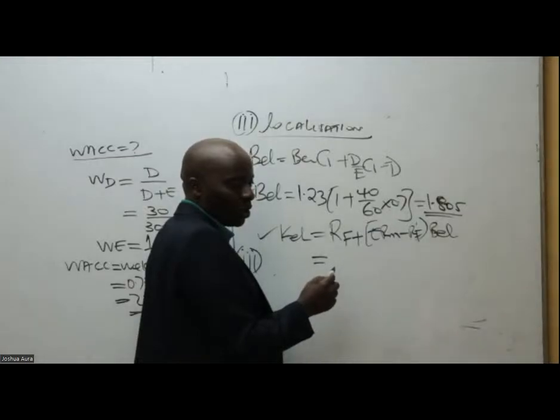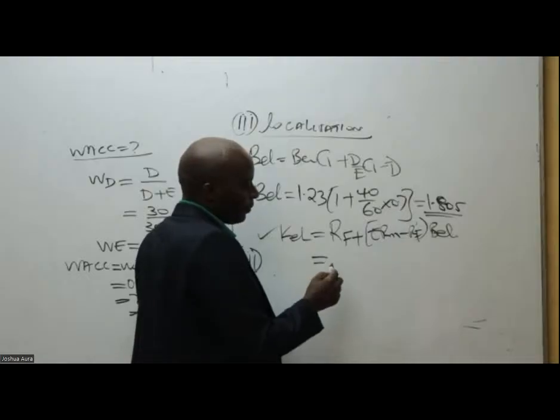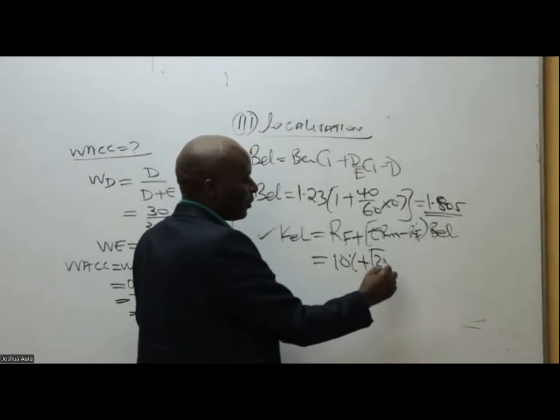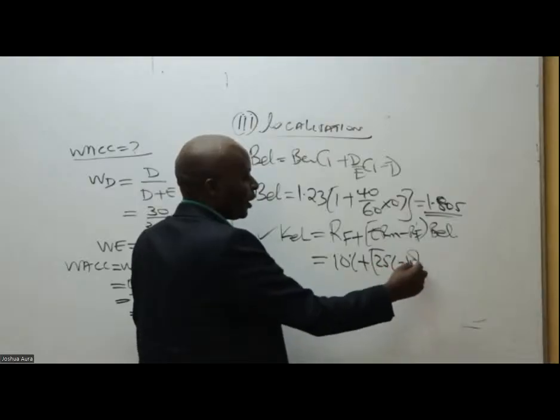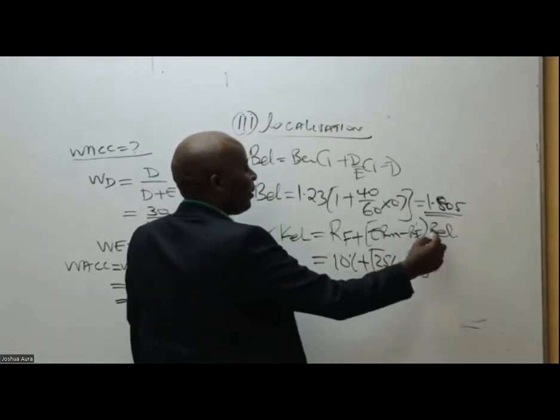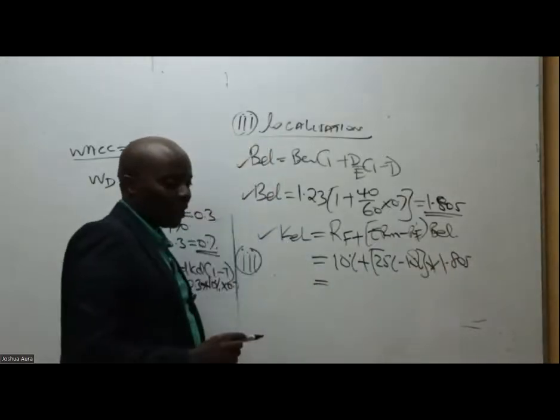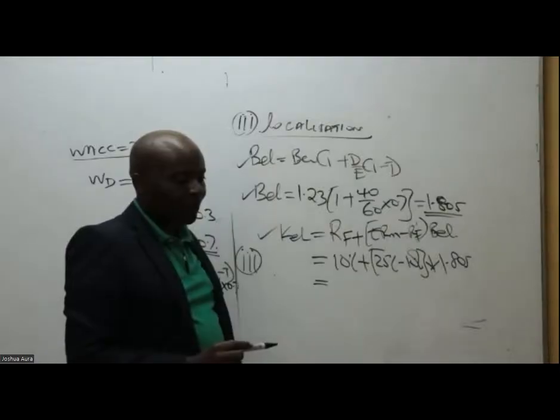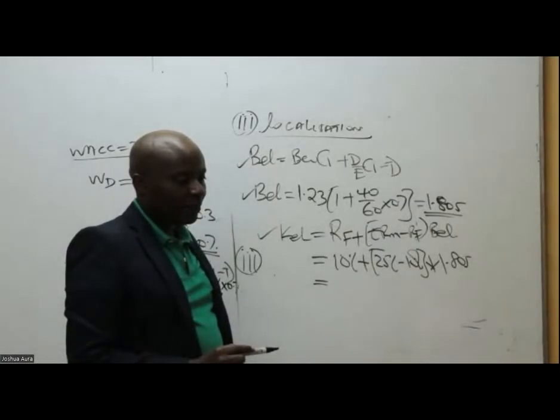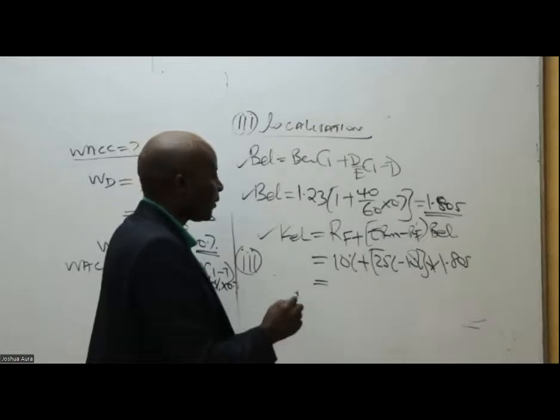Risk-free is 10. Market returns, if my memory serves me well, was 25, minus 10, multiplied by the BEL that we have here, which is 1.805. So at the end of the day, what are we getting as our CAL? 37%.